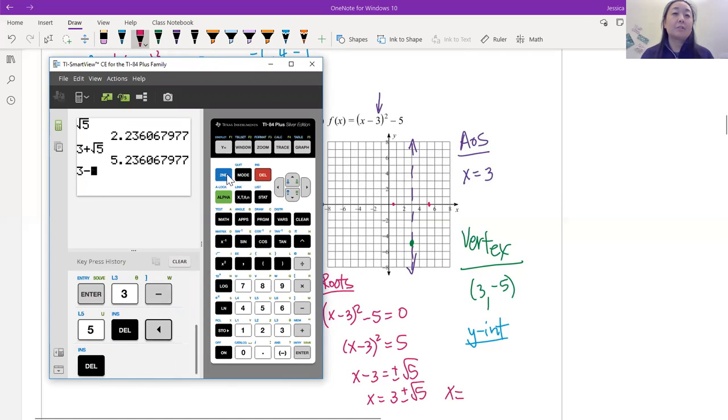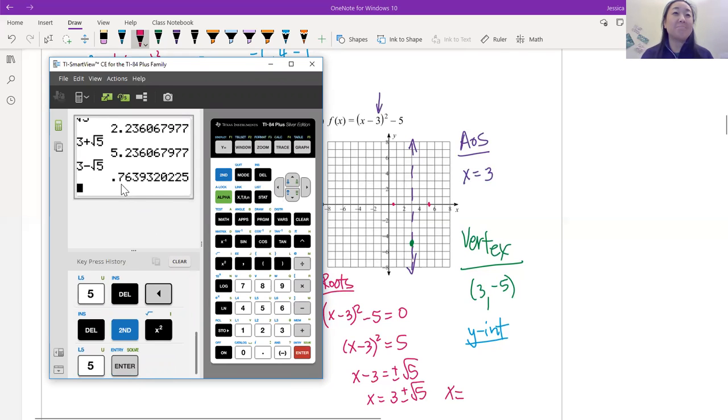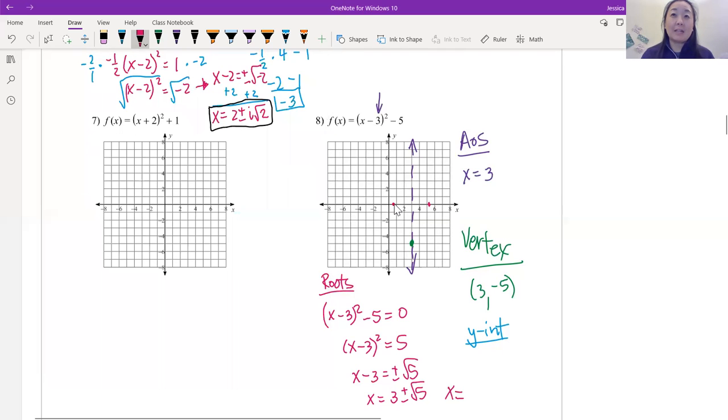Go back. So square root of 5 is going to give me about 0.8, right? So again, 0.8 right there, see? Same thing, like I said. Okay, so it was 0.8 and 5.2-ish, okay? So again, like I said, 2.2 to the right, 2.2 to the left. And there we go.